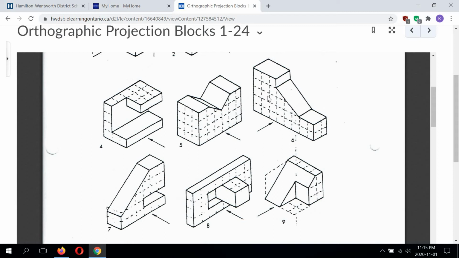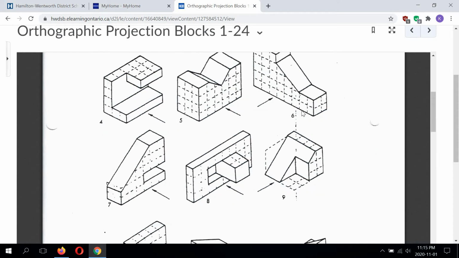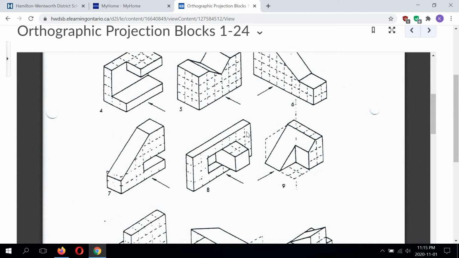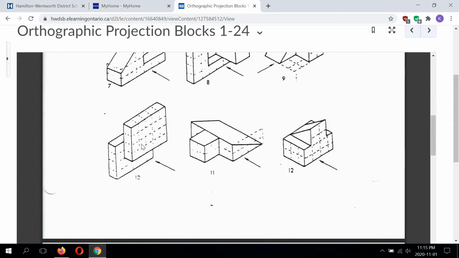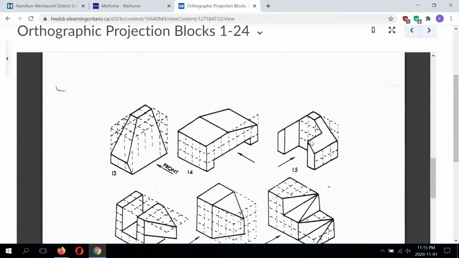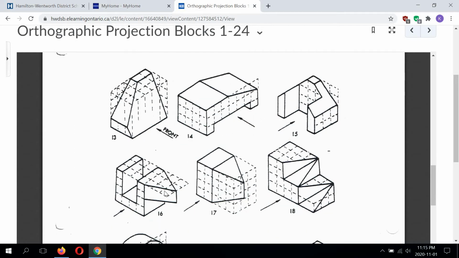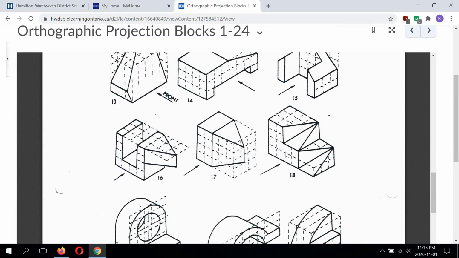Number 6, I would agree with that. Number 8, I would. Number 10, I would. Number 12, I would. So a lot of these are even, right? 14, yes. The same with 16. I would say the same with 18.